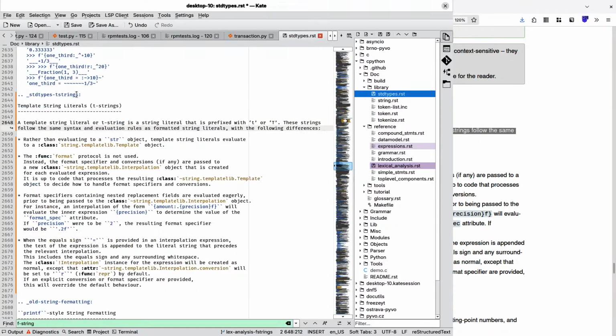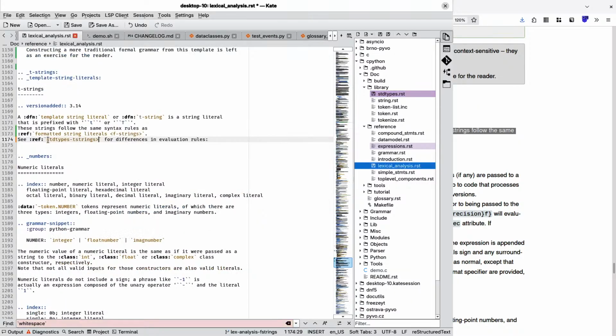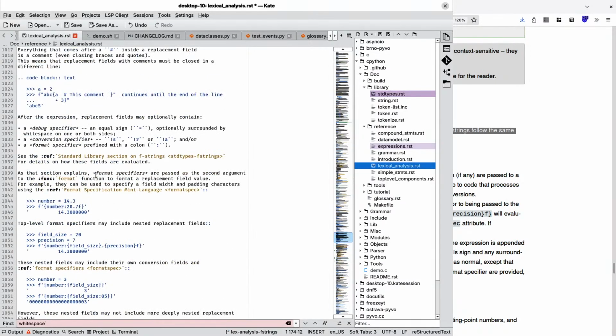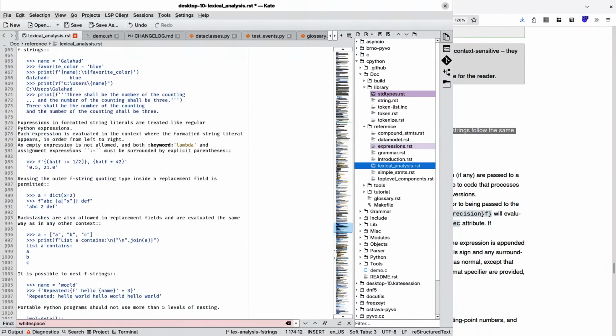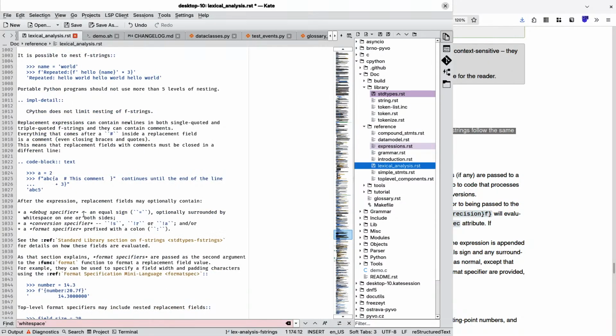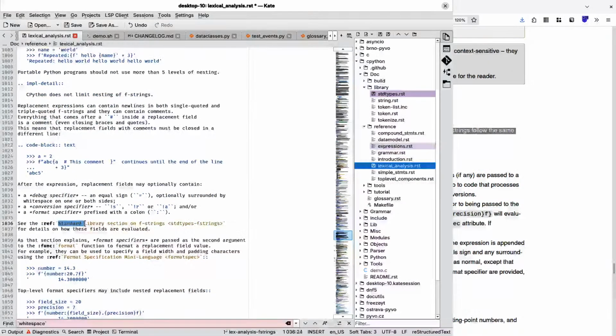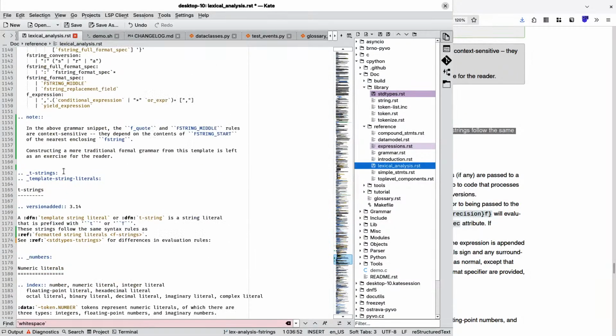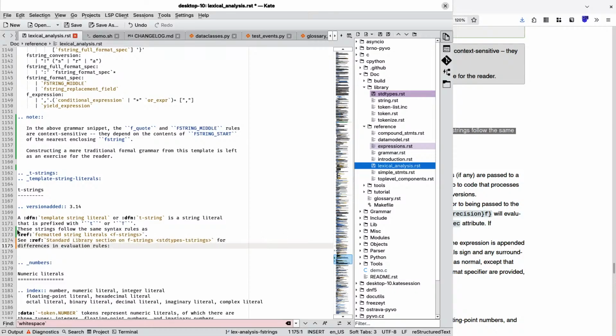So this should go here. And it should be the same thing as here, the standard library section on f-strings. So we should have the same thing here. It's weird how the t-string stuff is always duplicated rather than sharing some kind of common base.